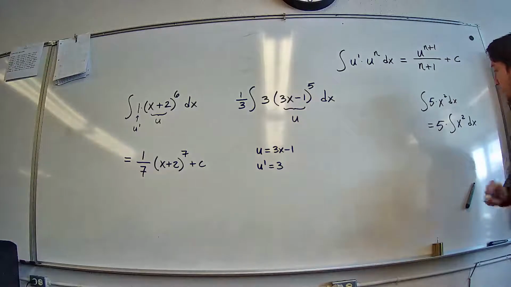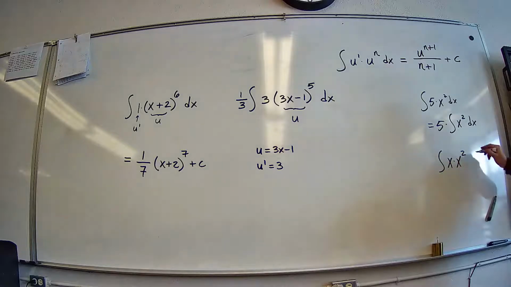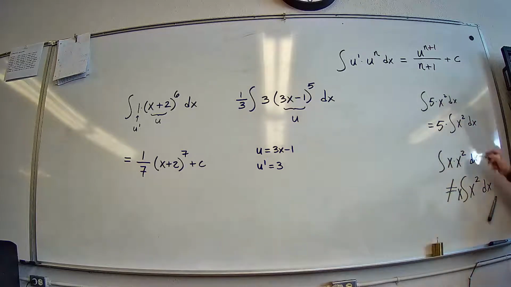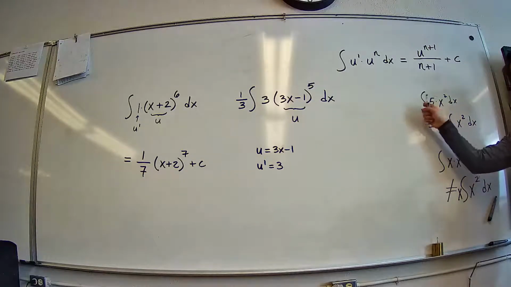So Rafe, I think what you were talking about is what you can't do if you have an integral of x times x squared, you cannot be like, oh, I'll just do this. That does not work. So you can think of it as constants can go in and out of the integral.